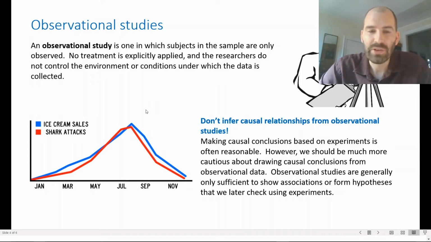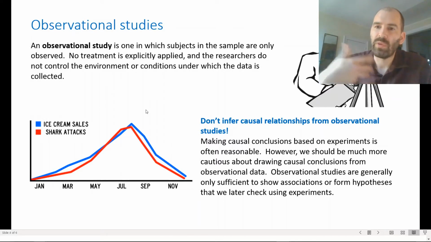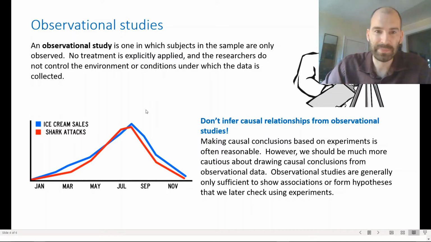And sure enough, you should have thought of something about the climate, right? When the climate's warmer, during the seasonal climate, I mean, when it gets warmer in the year, more people are going to go swimming, and more people are going to be eating ice cream. And so if there are more people swimming, that's when more people are going to get eaten by sharks, right?